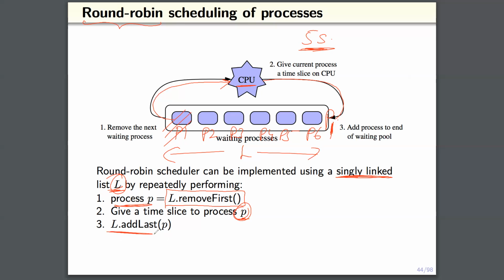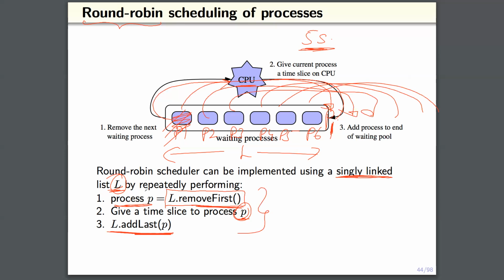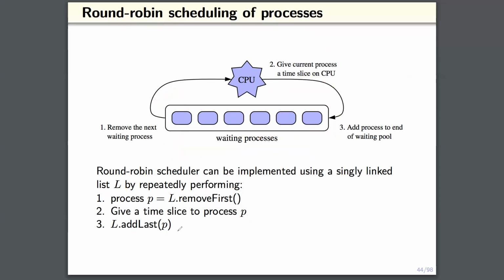So L dot add last of P. You have already removed it, now you append that to the last. Next, you remove this, append it to the last, so on. This is called round robin scheduling. And if you want to implement this, you can easily implement it using a singly linked list, right?